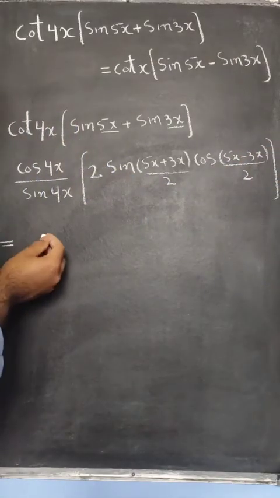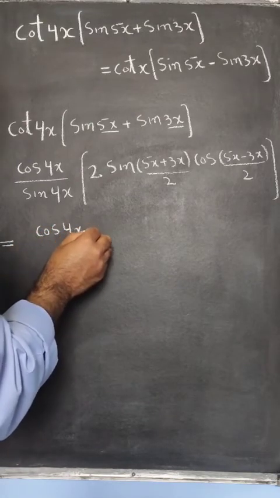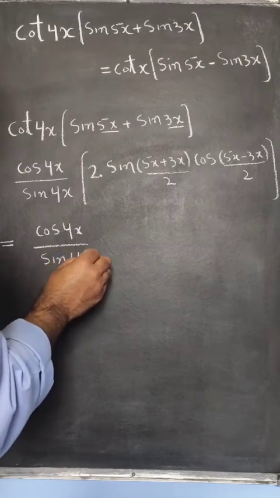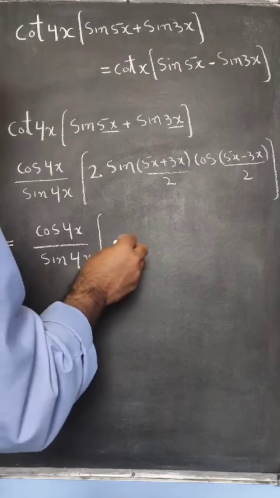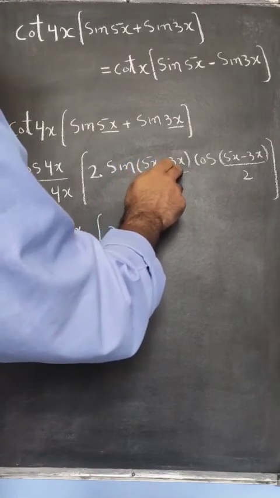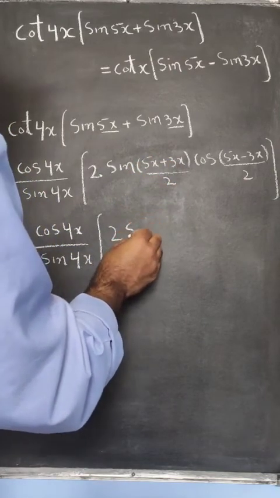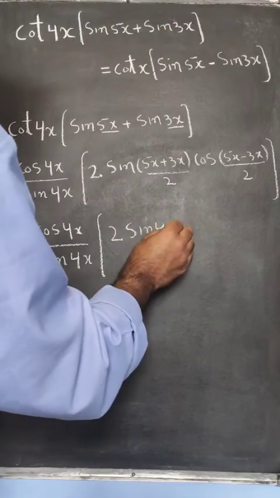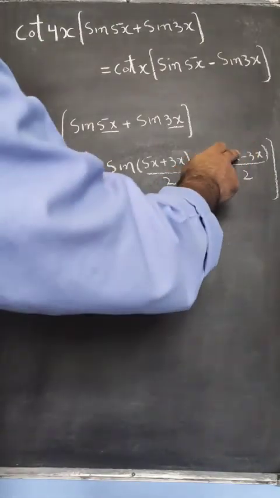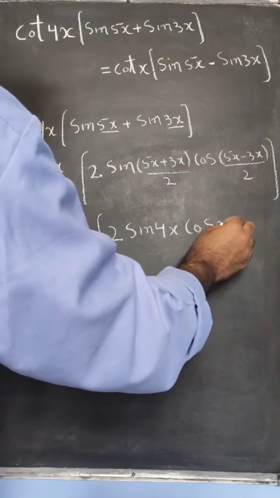That is further equal to cosine of 4x divided by sine of 4x into twice, it's 5x plus 3x, that is 8x, 8x by 2 is 4x. So it is sine of 4x into, 5x minus 3x is 2x, 2x divided by 2 is x, so we get cos of x.